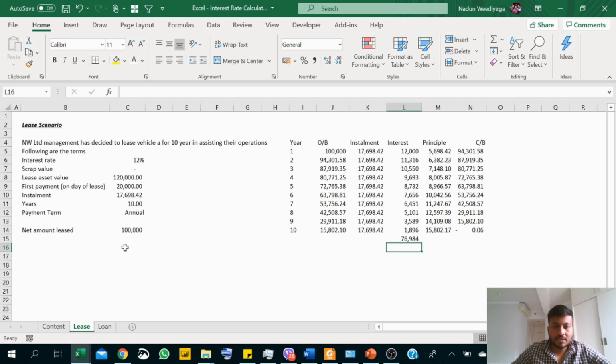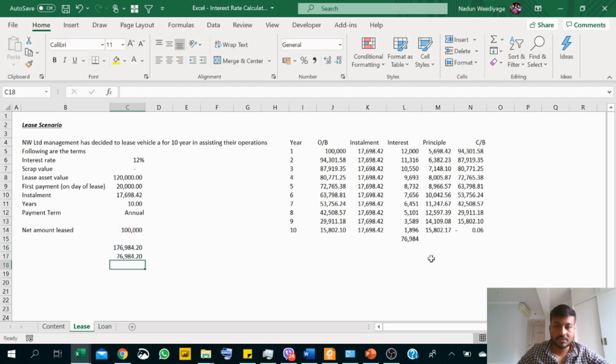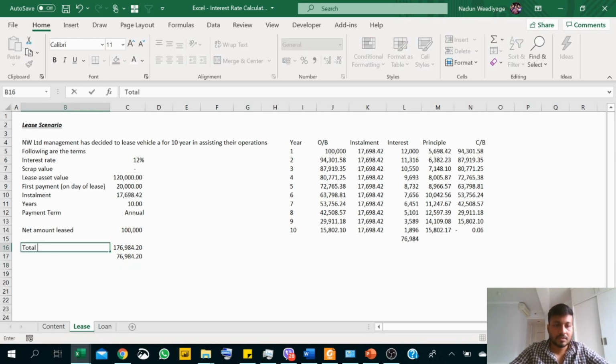More or less it should be equal to, let's say you are paying 10 years of 17,698, that is 176,980, minus the installment, the first lease amount, so you get the interest, which is similar to this. So this is the total payment and this is the interest.